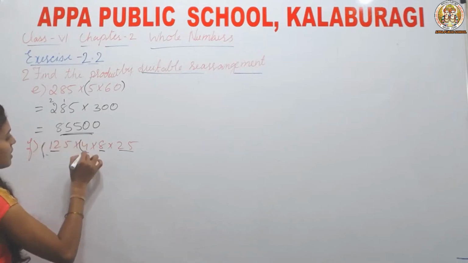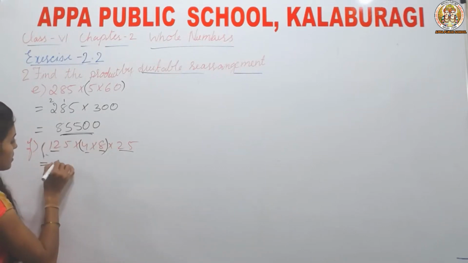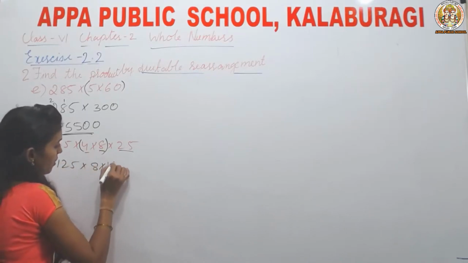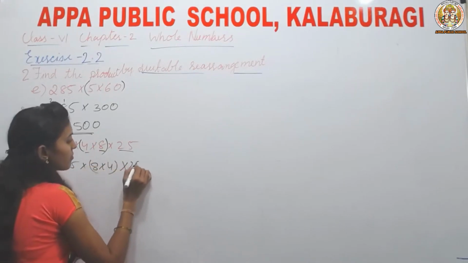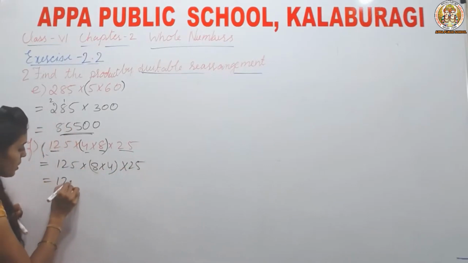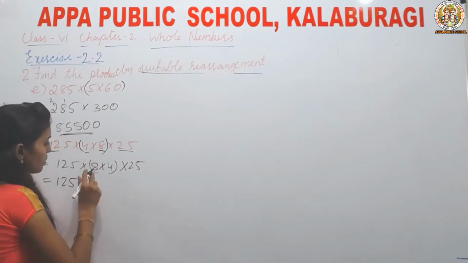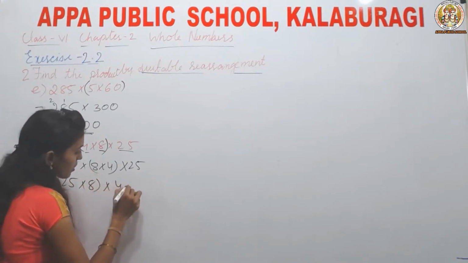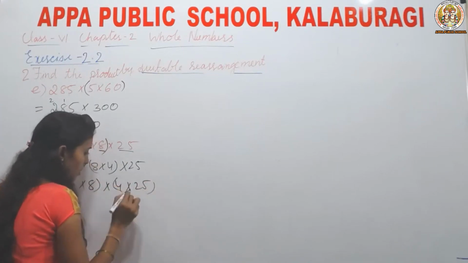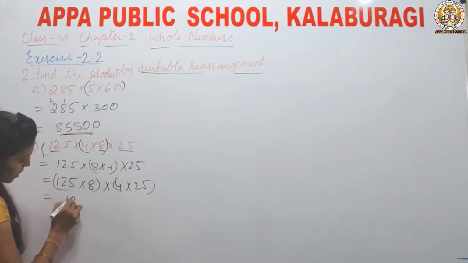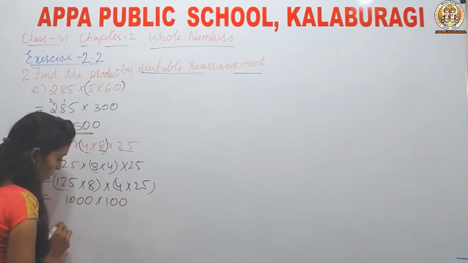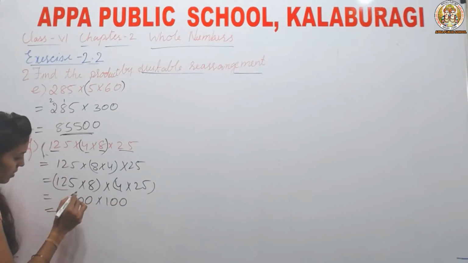Let us exchange these numbers. 125 into 8 into 4 into 25. 125 8s are 1000 into 4 25s are 100. 1 ones are 1, remaining zeros.